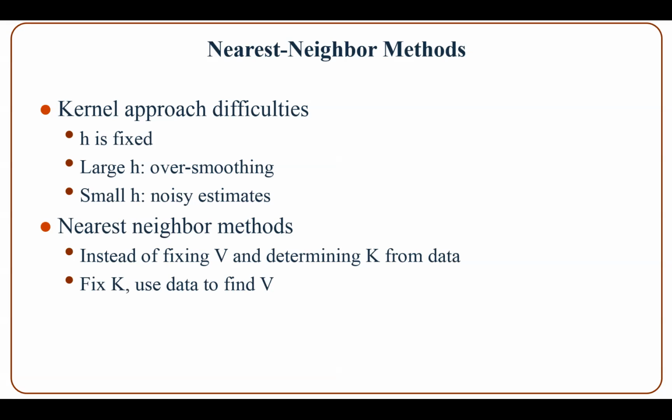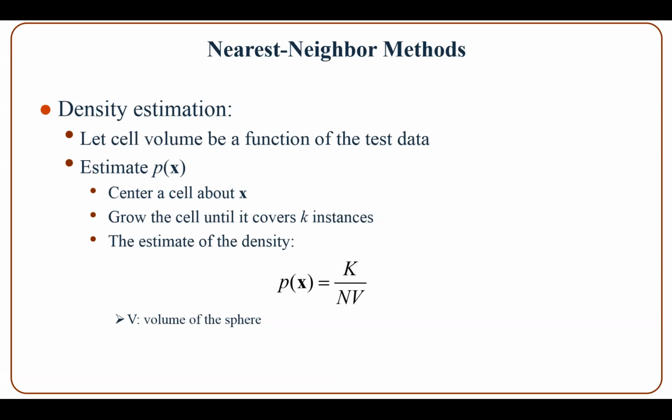Instead of fixing the volume V and determining K from the data, the nearest neighbor methods fix K and use the data to find the volume V. The estimation of the density is as follows. Let the cell volume be a function of the test data.